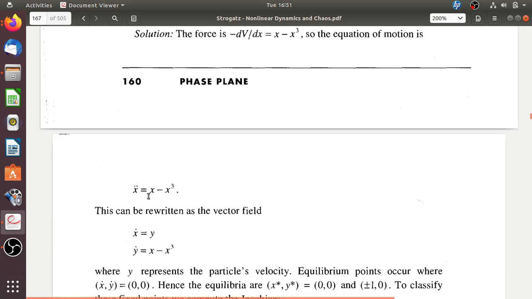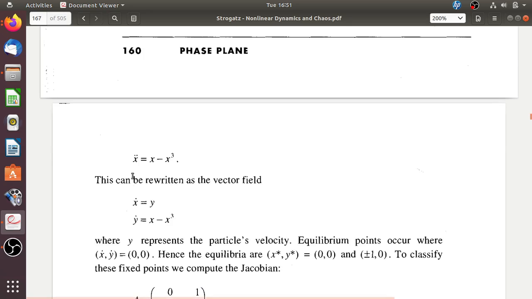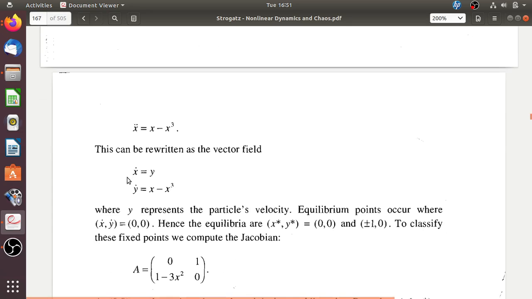Now we know how to write this second order equation into two first order equations, and if we do that, we will get this form where x represents the position and y represents the velocity. Now, what are the fixed points?